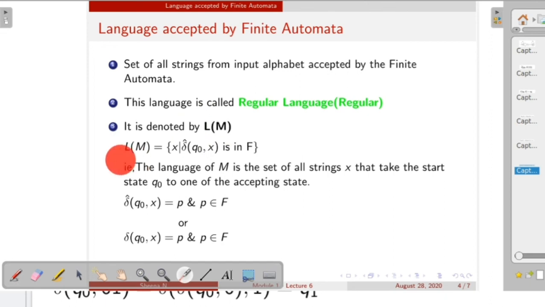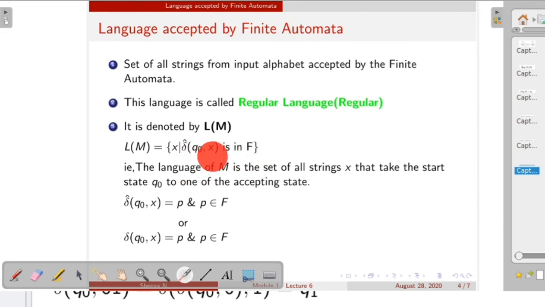Okay, so we can mathematically represent L of M as the set of all strings from the input alphabet. So it is a set of x, such that delta cap of q0 comma x is in F. That means x is accepted by a finite automata, then x is in the language.